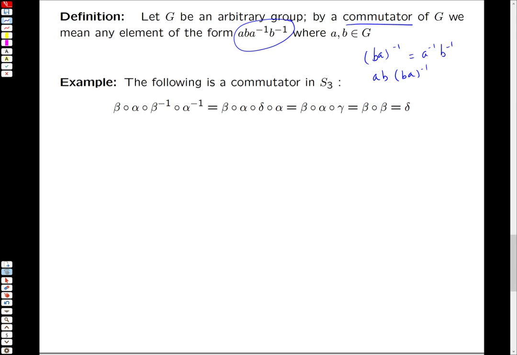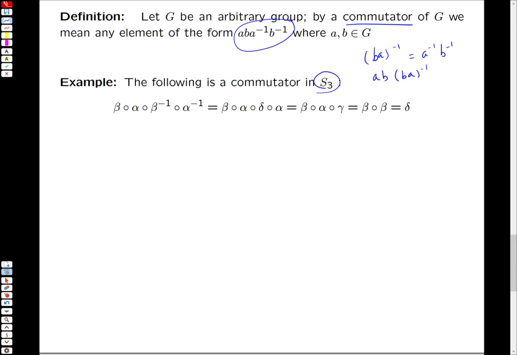The following is in S3. S3, remember, is on page 71. So go ahead and turn in your books to page 71. I think page 72 actually has a table. That's what we need. So let's look at, I just picked beta and alpha.